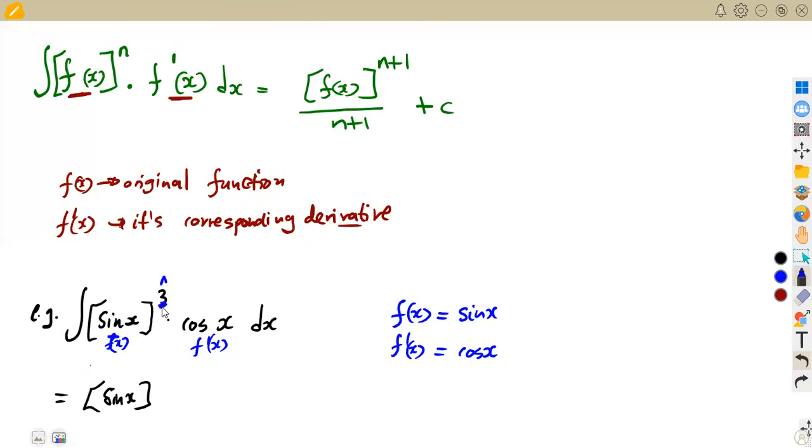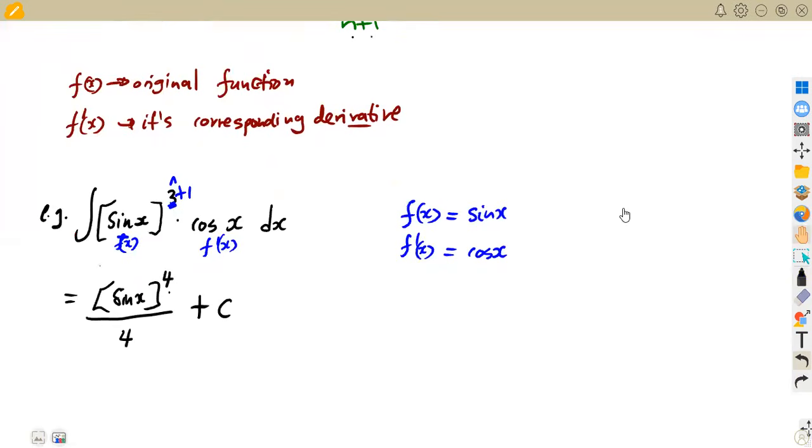Our n in this case is 3, so this is going to be 3 plus 1, which is a 4. So we are going to obtain 4 over n plus 1, which is the same exponent that we have here, plus the constant of integration. That's the whole idea of this question that we are given.